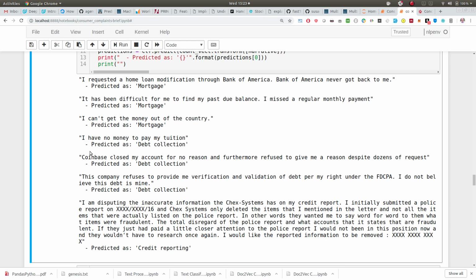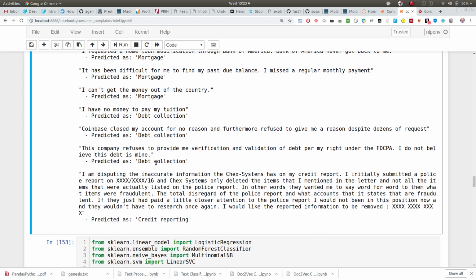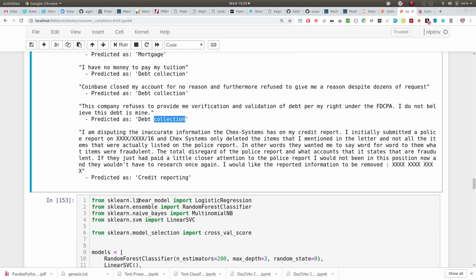And here, Coinbase closed my account, etc. That's predicted as debt collection. I would have thought that would be virtual money. But this one here is correctly classified as debt collection, and the one below correctly classified as credit reporting.